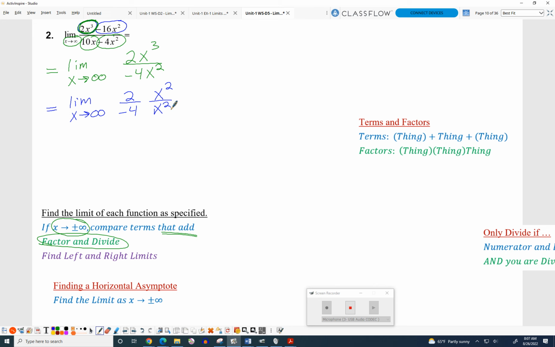We're still going to have an x over 1. Does anyone have trouble recognizing that this blue box is exactly the same thing as this green box? Questions about that? They're the same thing, I've just written it out in a way that makes it easier to talk about.